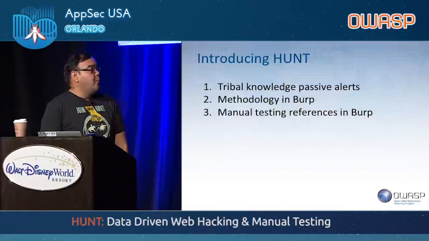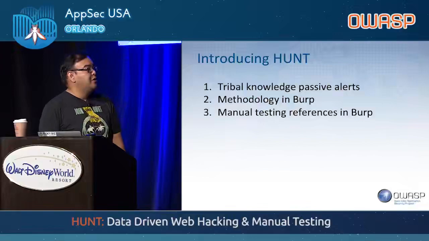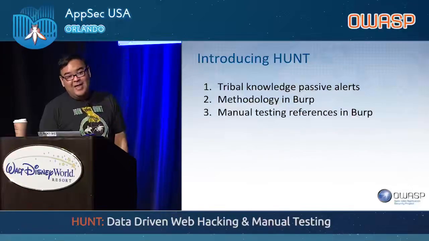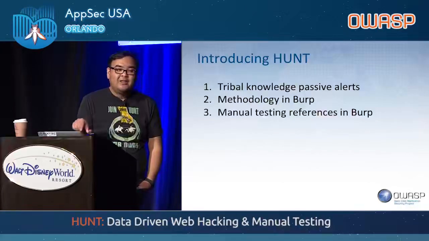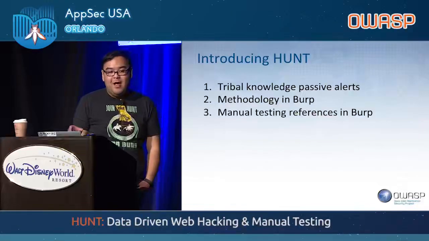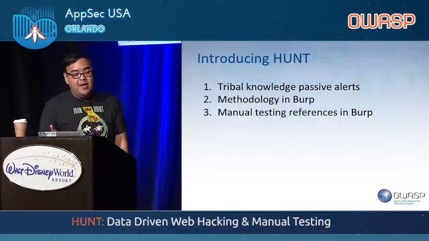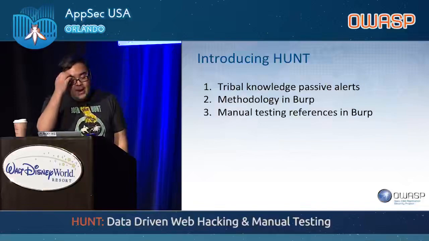So what does Hunt actually do? It gathers all the tribal knowledge into passive alerts that will tell you, hey, you should probably take a look at this certain area of the web application based on the parameter, because I know it to be vulnerable from what I've seen from the data set.